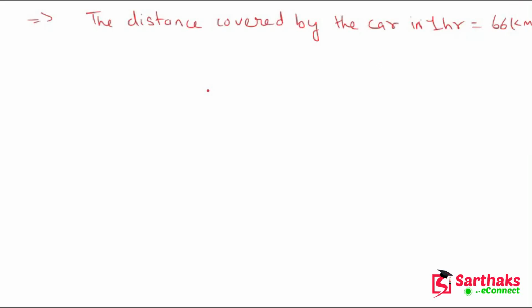So now we have to convert this kilometer into centimeter. So first of all, the distance is equal to 66 into 1000. So this will convert into meter. Now for centimeter we have to multiply by 100. So we get 66 into 10 raised to power 5 centimeter.